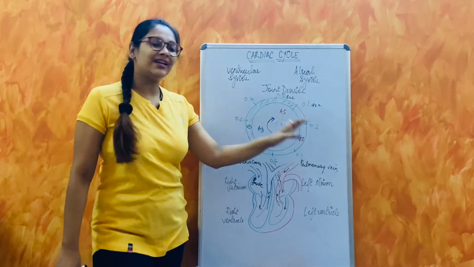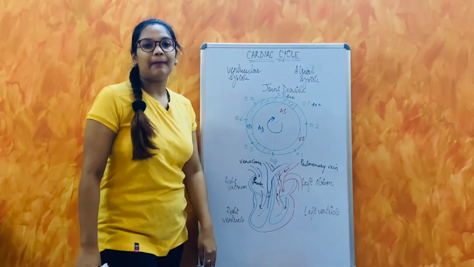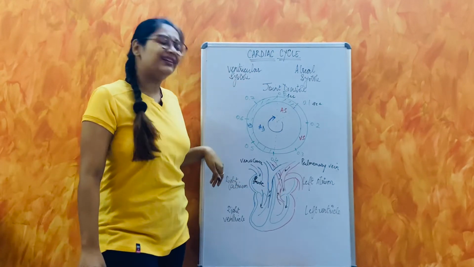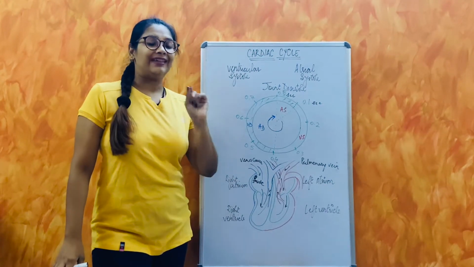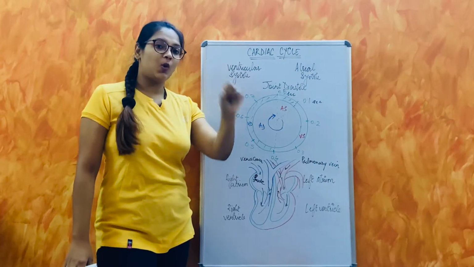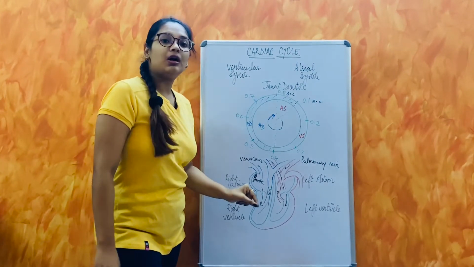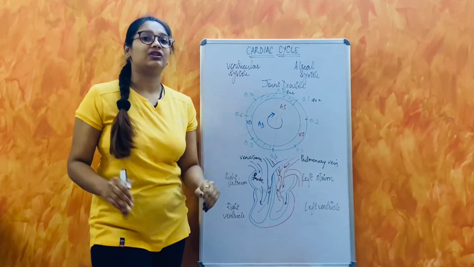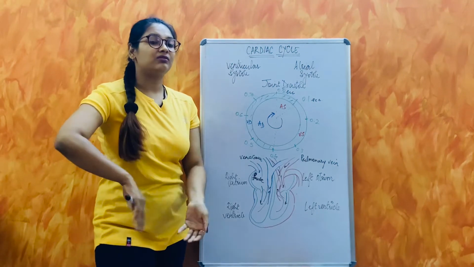After the blood goes to the ventricle, about 30% of the blood goes to the ventricle by the atrial systole. That is why you have to remember this point, that only 30% of the blood goes to the ventricle when atria contract. That means 70% of the blood goes from the atria to the ventricle directly because of the pressure.